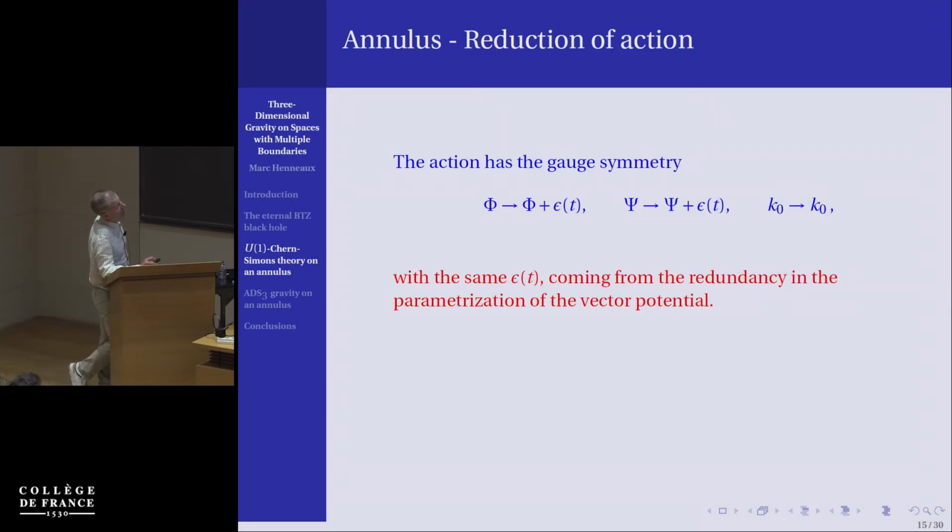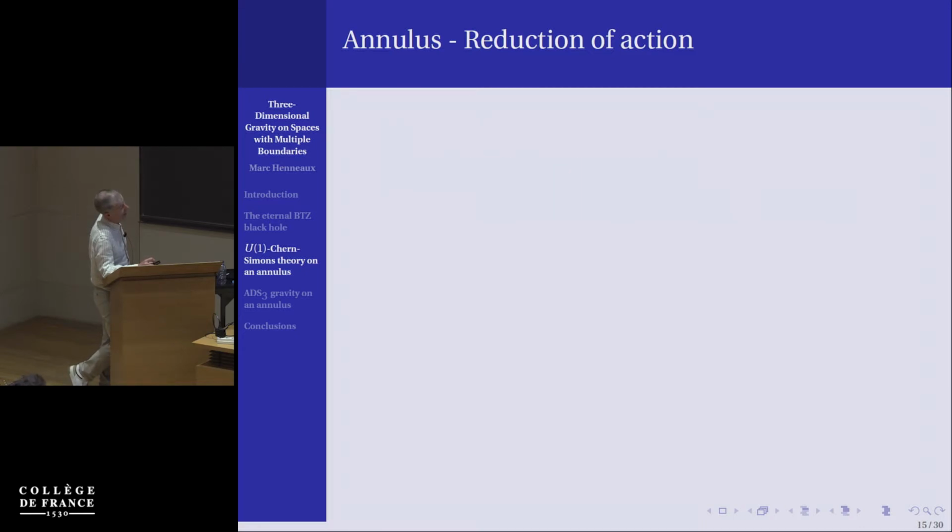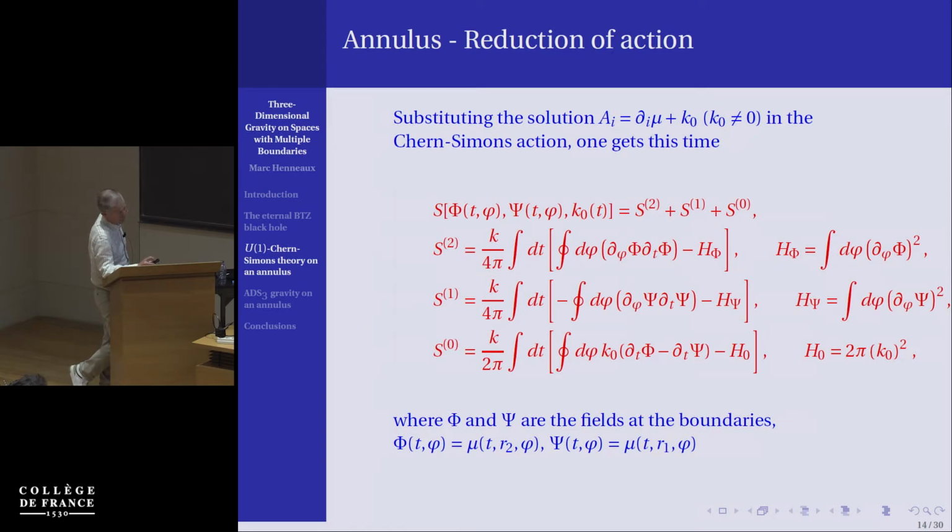Now, this action has a gauge symmetry. Just like for a one-boundary theory, you can shift by a time-dependent function. This comes from the parameterization. If I shift mu by something that depends only on time, clearly this is 0, and that's a gauge symmetry. So this action is invariant.